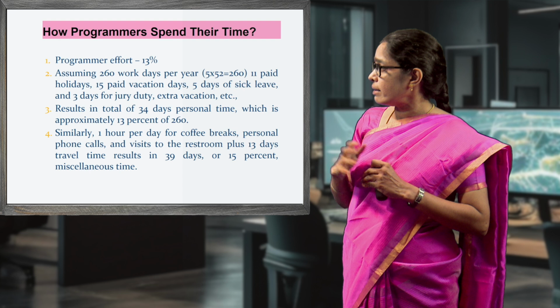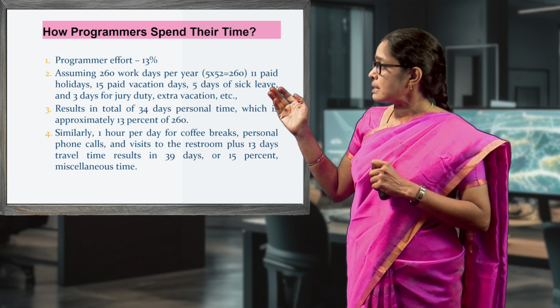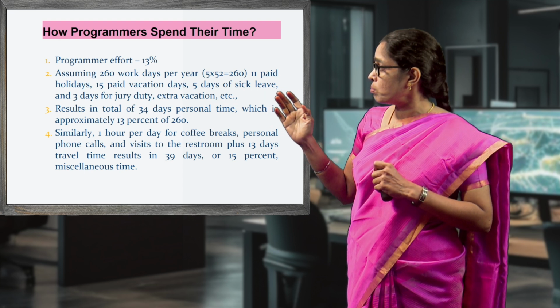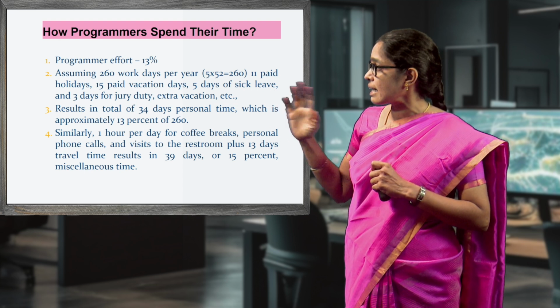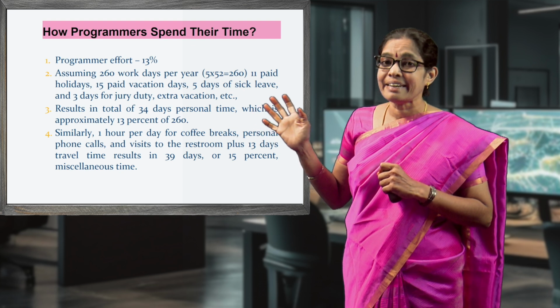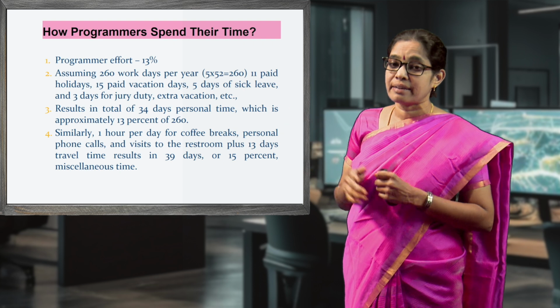Similarly, taking 1 hour per day for coffee break, personal phone calls, and visits to the restroom, plus 13 days travel time, resulted in 39 days, or 15% miscellaneous time.